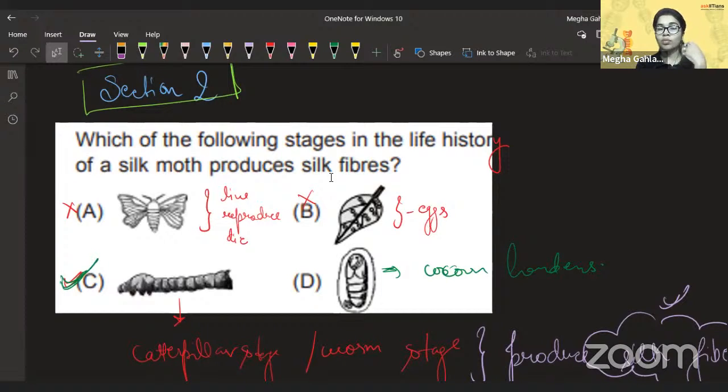But most importantly, the knowledge you already had was to be put into the question, and you had to use that knowledge in a practical manner to solve the question, in a way that you needed to know which stage in the life cycle of a moth produces the silk fibers.